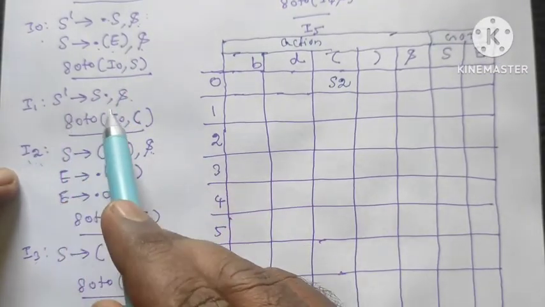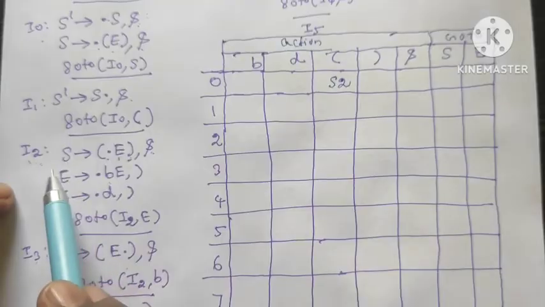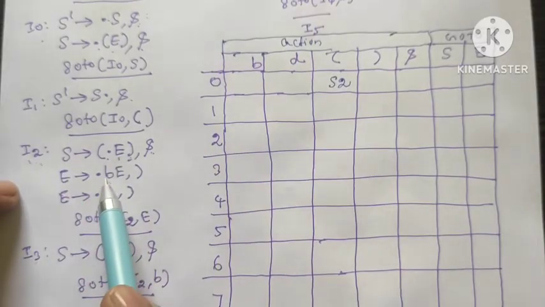Now, in I0 you don't see any other dot before a terminal. Now come to I1. The dot is not before any terminal. Come to I2. In I2, a dot is before B and a dot is before D. These B and D are terminals.